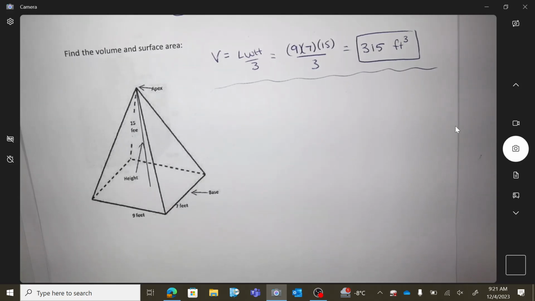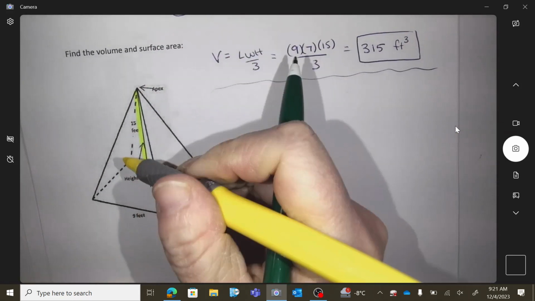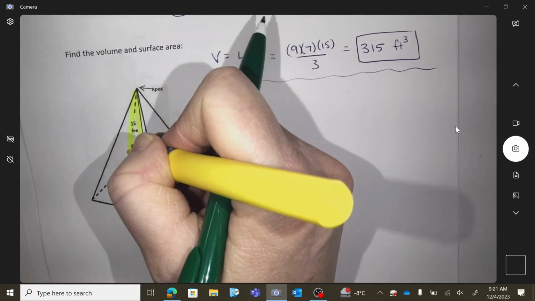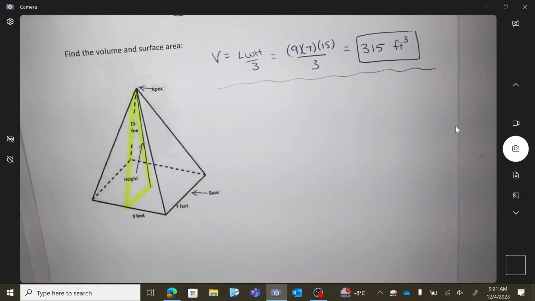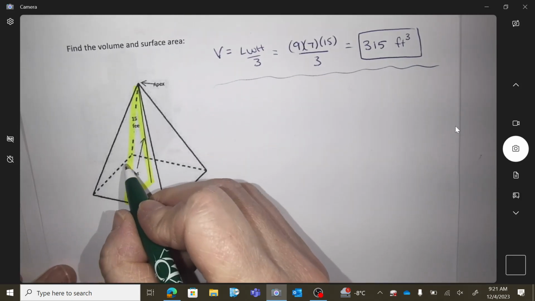Okay, the area stuff. This is a little bit tricky. We're going to have to find the Pythagorean theorem slants. So I will think like this. So this slant.